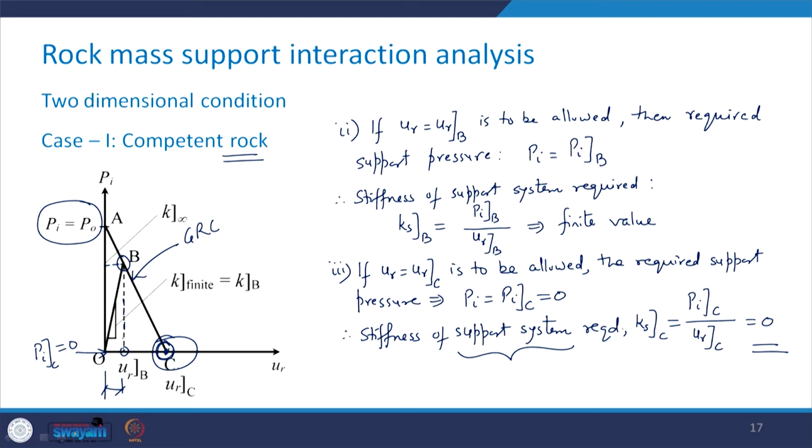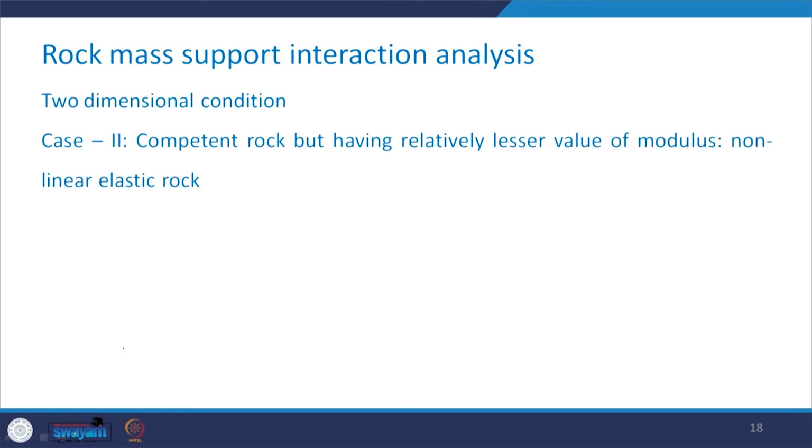Now let us take the other case of the competent rock but having a relatively lesser value of the modulus. That is, it is the non-linear elastic rock. Now, since we know that it is non-linear elastic rock, can we draw the ground response curve as we did in the previous case?